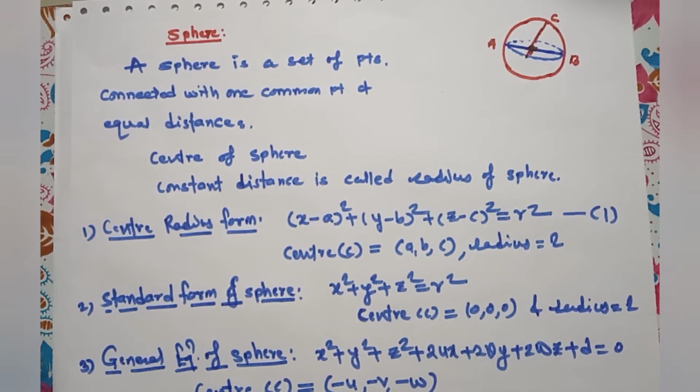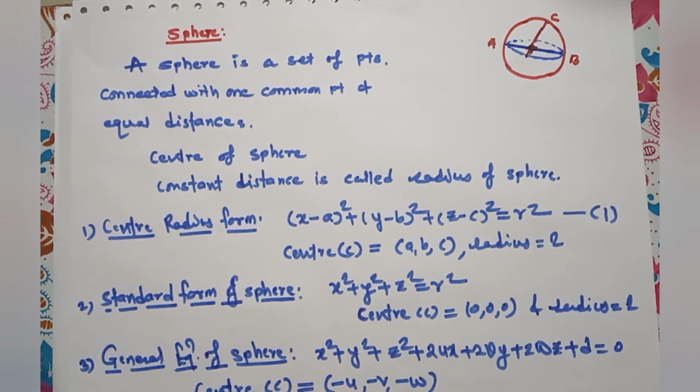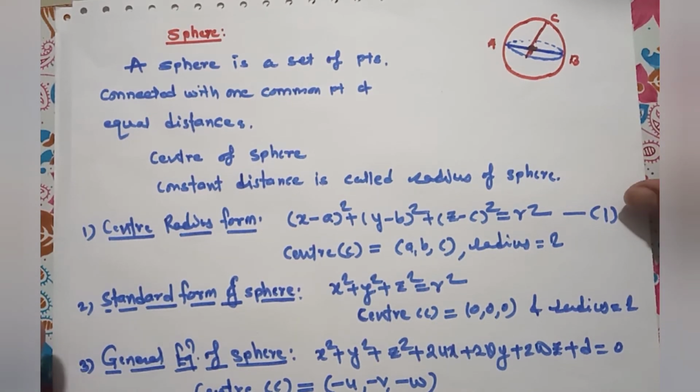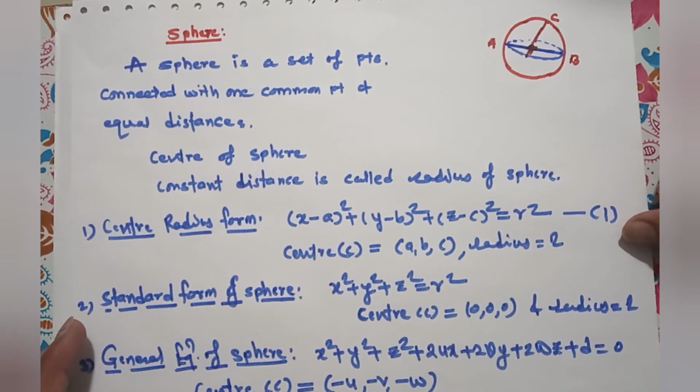So in this topic we have discussed the center radius form of the sphere, the standard form of the sphere having center at origin and radius r, and the general equation of the sphere.